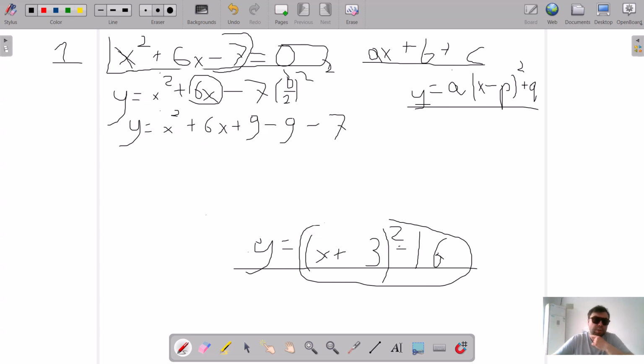So from this we also write it in the brackets. This is our trinomial, the same trinomial which we had before. So we will write it like this: y equals x plus 3 squared. So we eliminated this, and now minus 9 minus 7 equals minus 16 altogether. And as you can see, we have exactly the same solution.